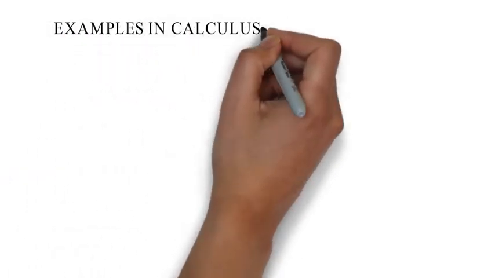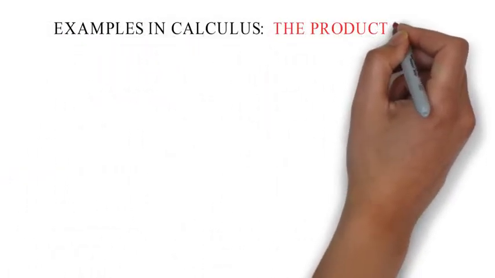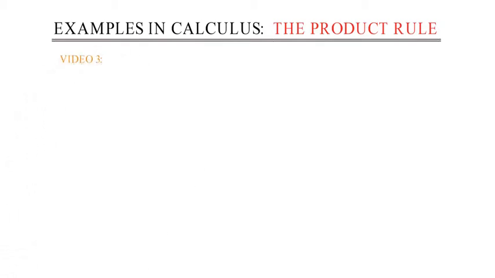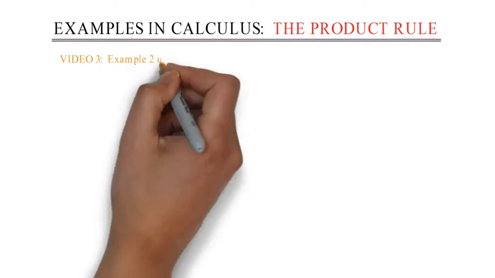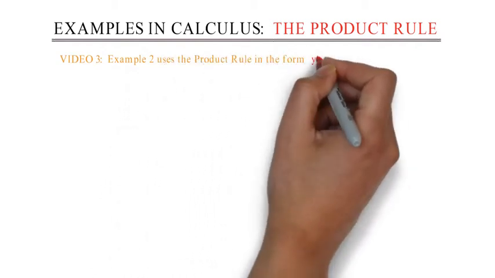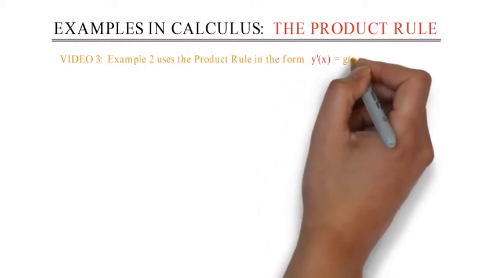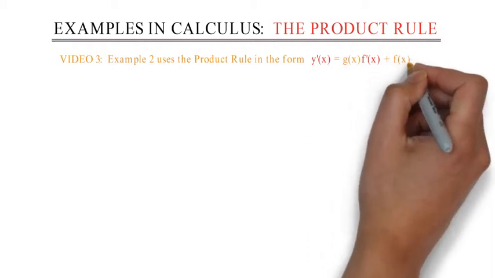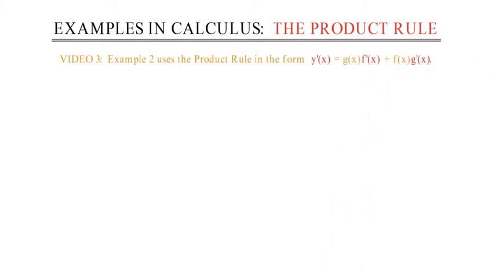Examples in calculus, the product rule. This is video 3. Example 2 uses the product rule in the form y'(x) equals g(x) times f'(x) plus f(x) times g'(x).